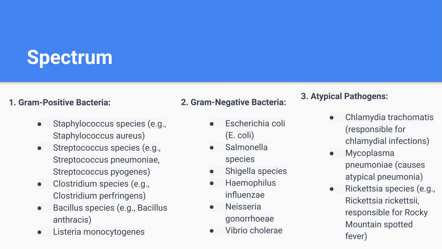Then there is a disease called chlamydiasis, caused by Chlamydia trachomatis. So this is also an STD, just like Neisseria gonorrhoeae, a sexually transmitted disease. And you see Mycoplasma pneumonia. We were talking about pneumonia. Atypical pneumonia is caused by Mycoplasma.